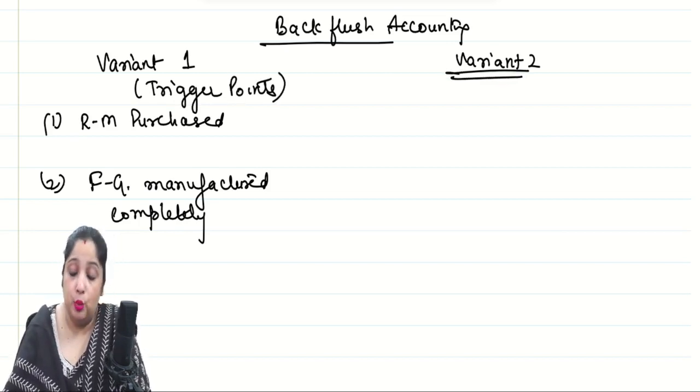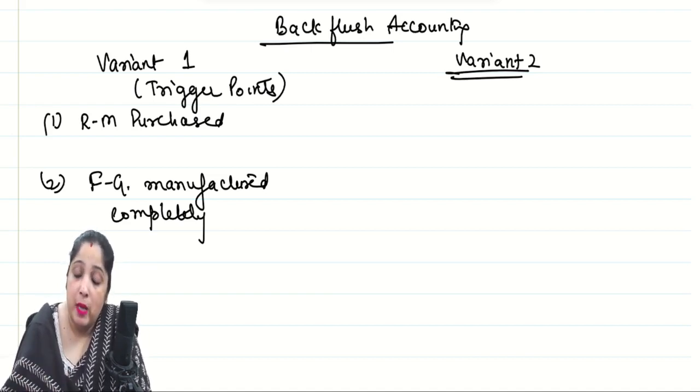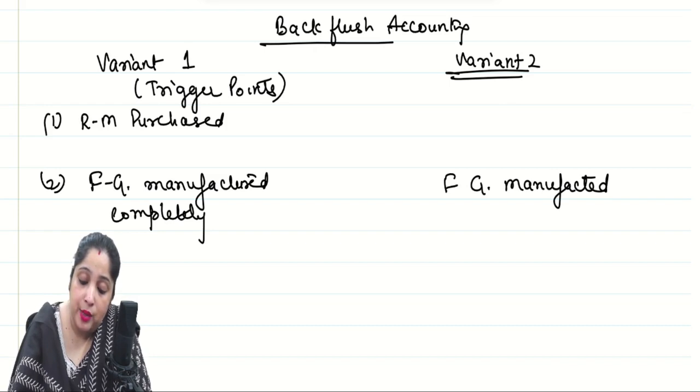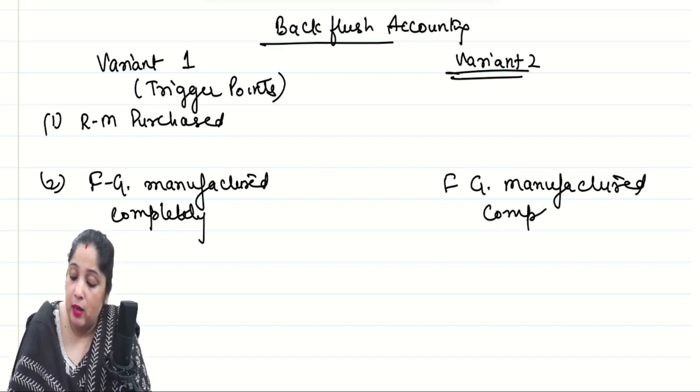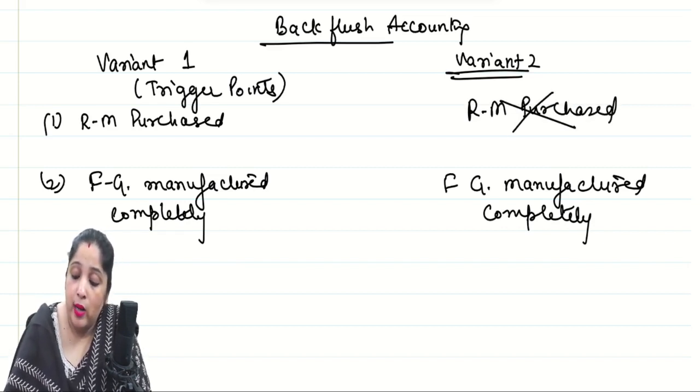Under variant 2 of backflush accounting, entries will be passed only when finished goods are manufactured. No entry will be passed when raw material is purchased. Only one trigger point is there to pass entry.